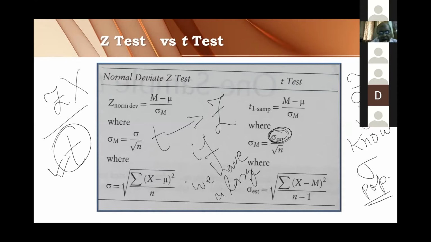So always use the T test, whether it's a small sample or a large sample. If it's a large sample, it is as good as Z. It will always give you the statistic, even if you have a very large sample. Okay.